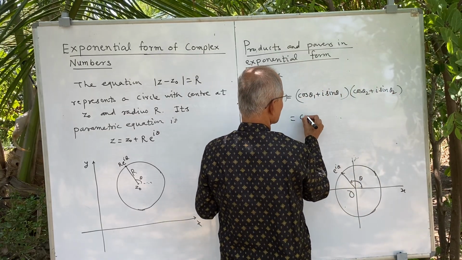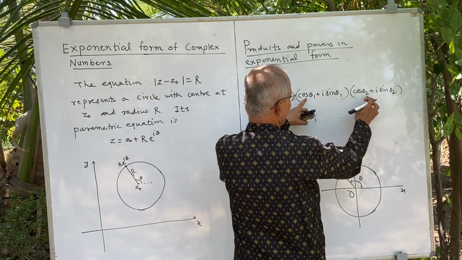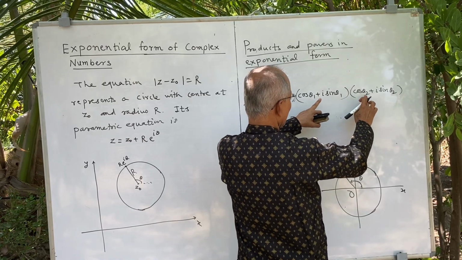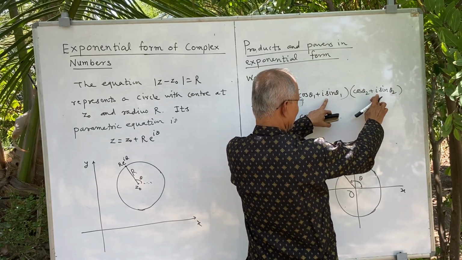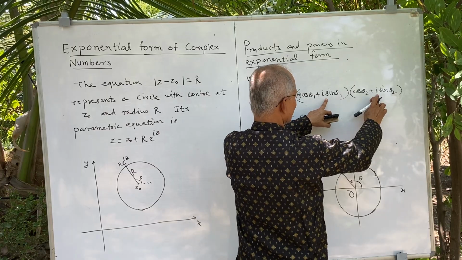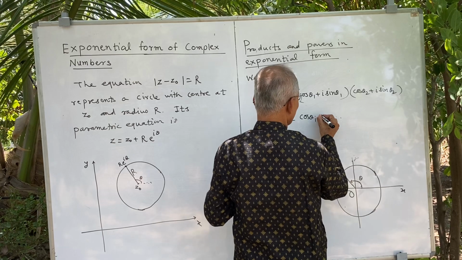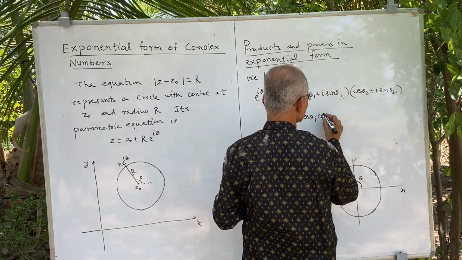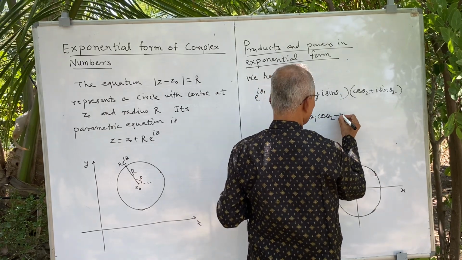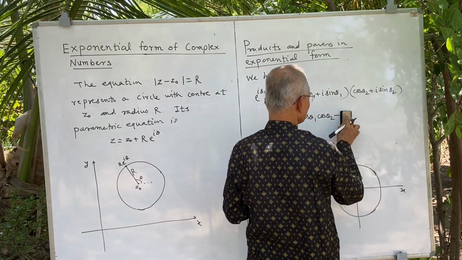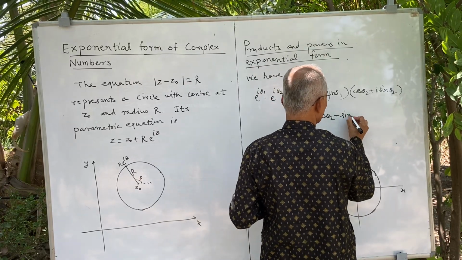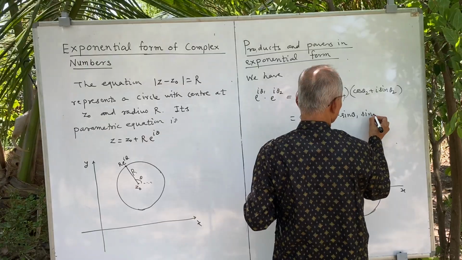The product is, as usual, cos theta 1 into cos theta 2, and we shall multiply these two terms, which will be i square sin theta 1 sin theta 2, and i square is minus 1, and therefore the real part of this product is cos theta 1 cos theta 2 minus sin theta 1 sin theta 2.